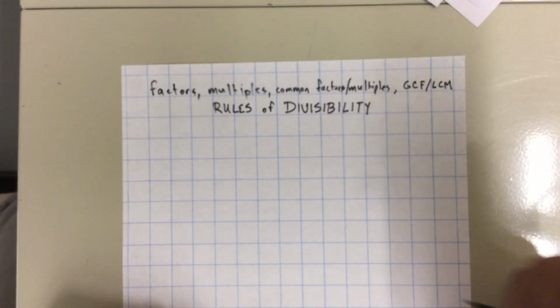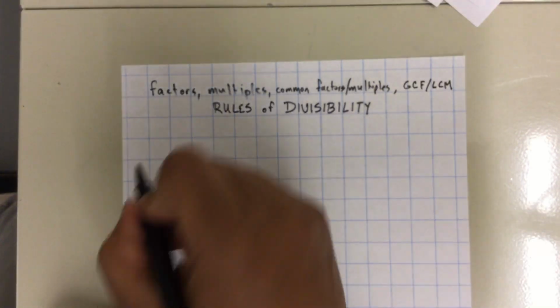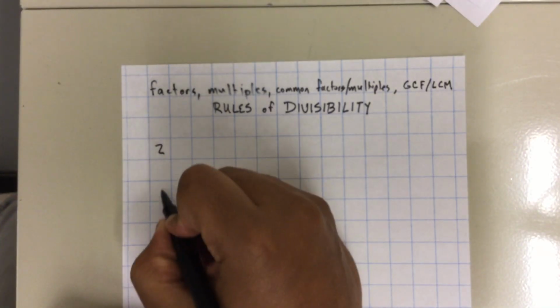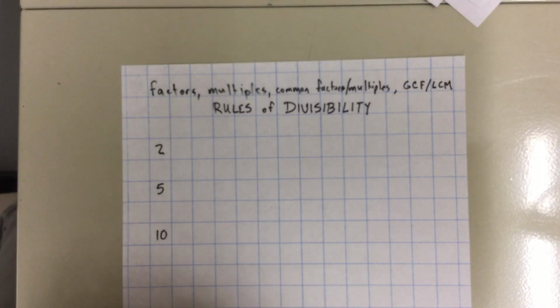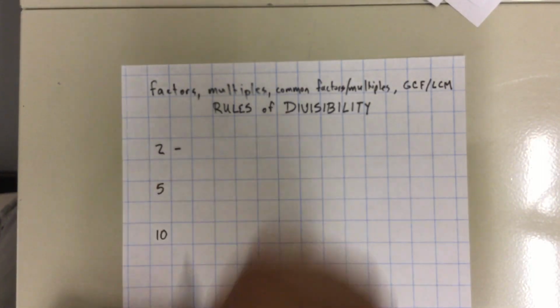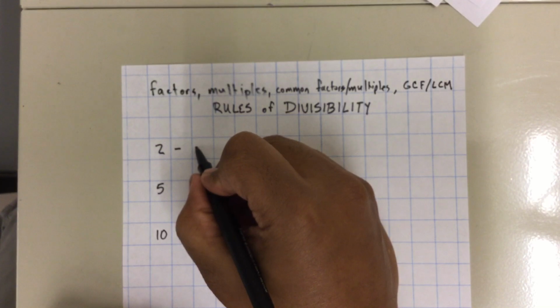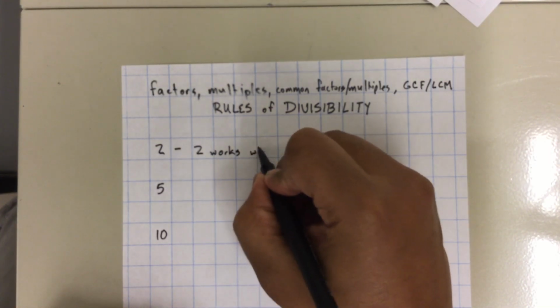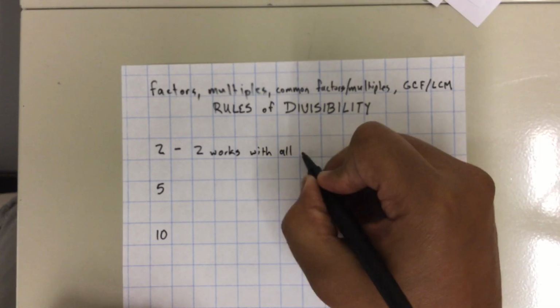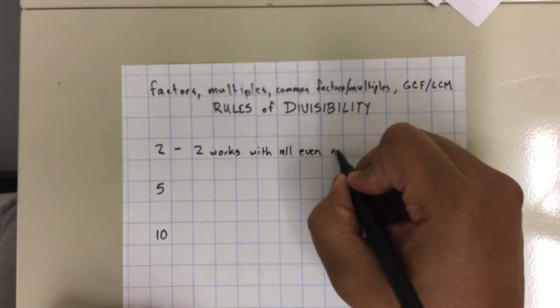So you guys are probably all familiar with the rules for 2 and for 5 and for 10. The rule for 2 is just 2 works with all even numbers.